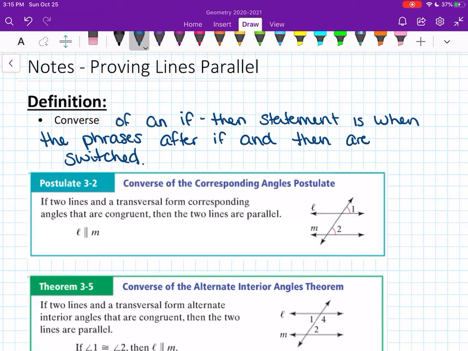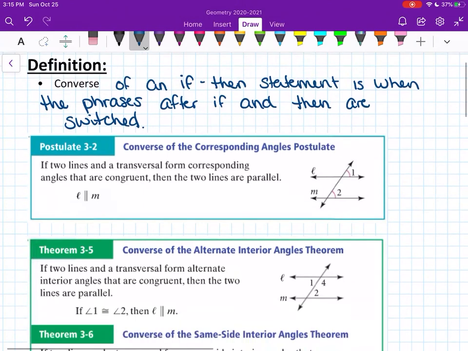So last lesson we talked about all of our special angle pairs. So all of our statements started with if two parallel lines are cut by a transversal, then blah, blah about angles. So now we are switching that.